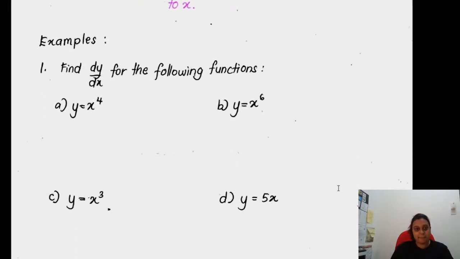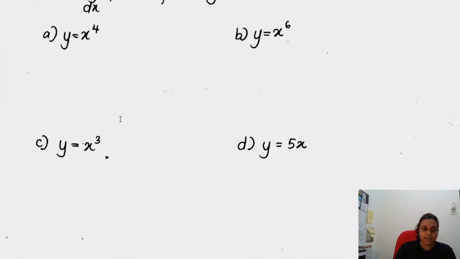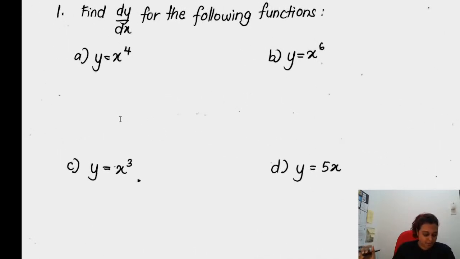See carefully how teacher does it. I'll do example A straight away: y equals x power of 4. First step, you write dy/dx, because dy/dx means you are finding the differentiation. Since there is a power 4, the power you bring to jump to the front.